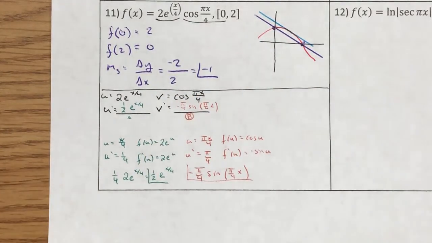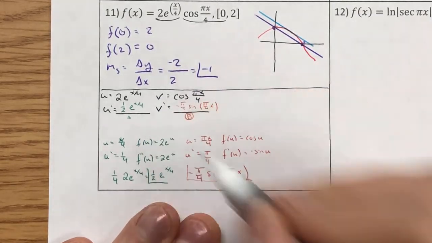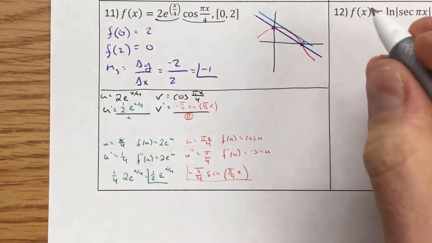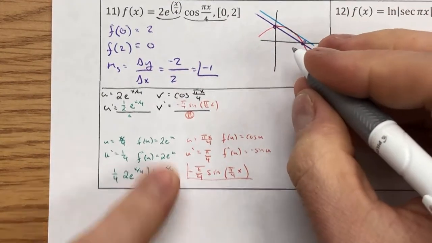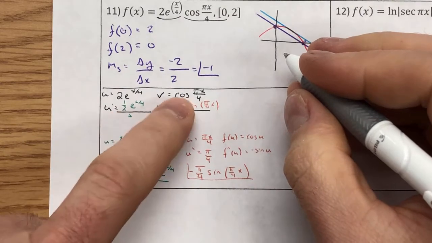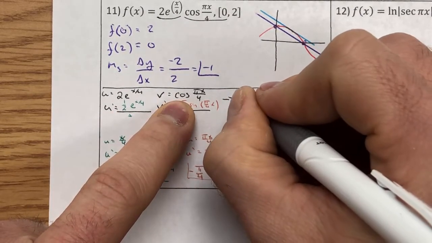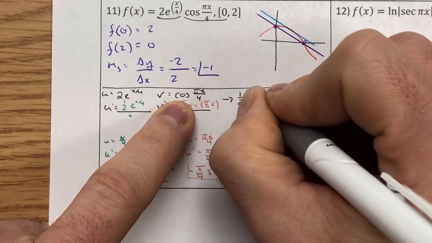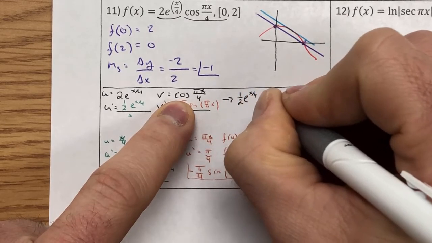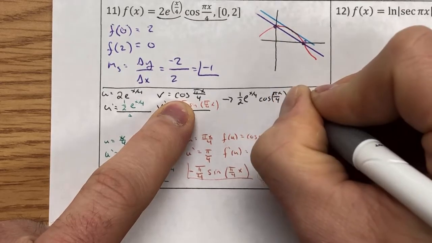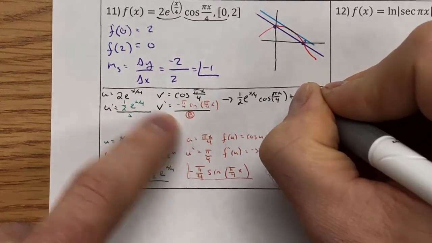Awesome. And because this is the product rule, I take the sum of these two products. So let's try this out. I'm going to take half times this, cosine of pi x over 4, plus this.